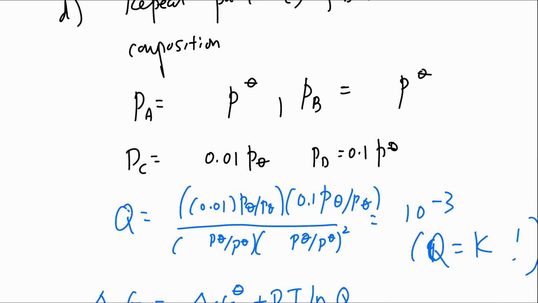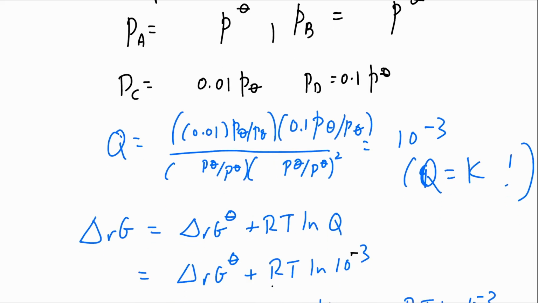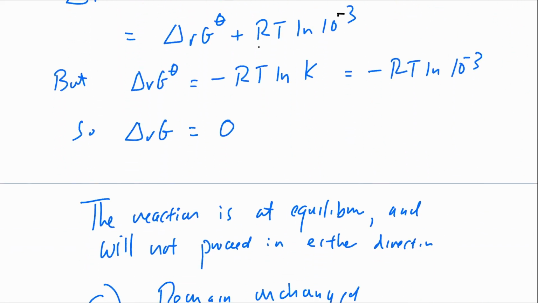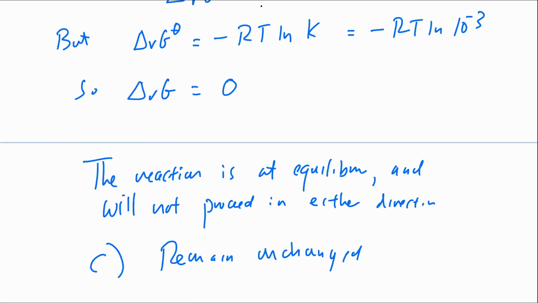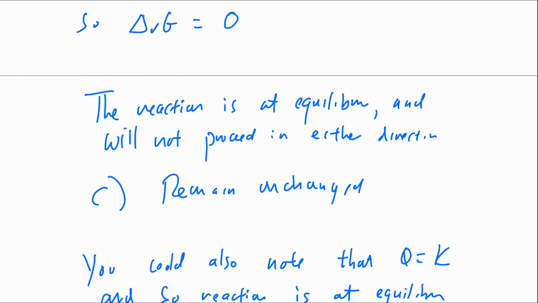It would be hard to explain why it was working out this way. So I prepared the Q not at standard state but at K, and that means the reaction's actually at equilibrium, because the partial pressures are such that my Q would be equal to the equilibrium constant. And so the answer to forward, backward, or unchanged would be unchanged.